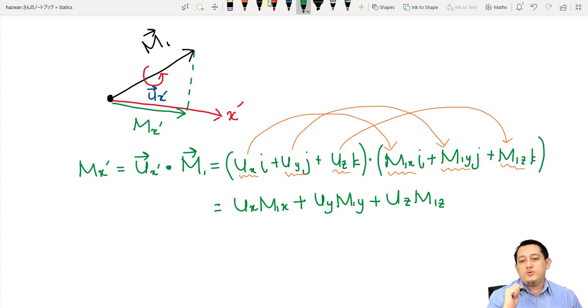This is how you calculate a moment about a specific line or axis using dot product.